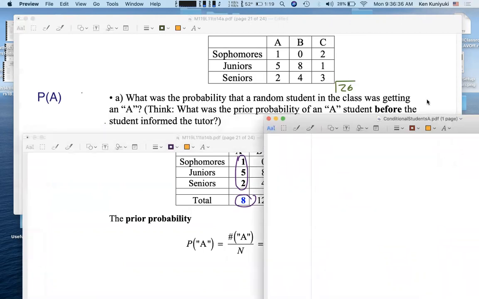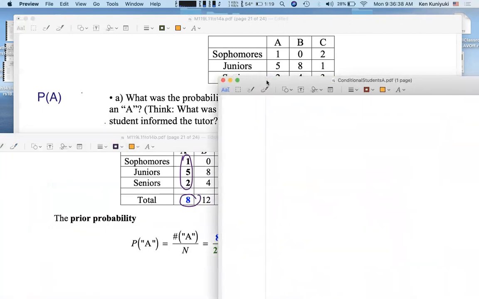If you want to think in terms of a Venn diagram, so here's our sample space, consisting of 26 students.